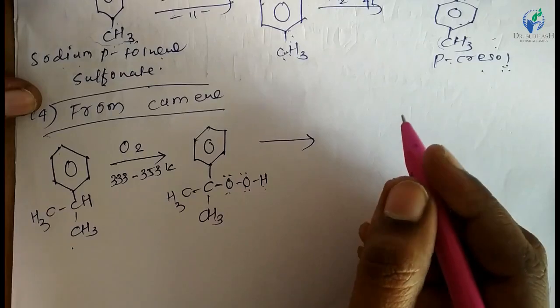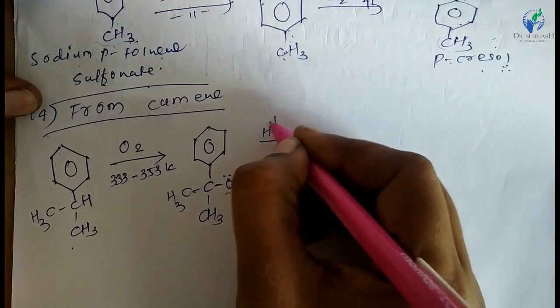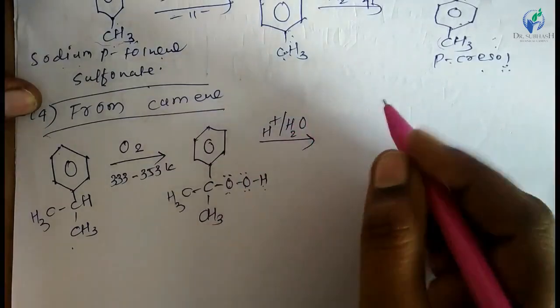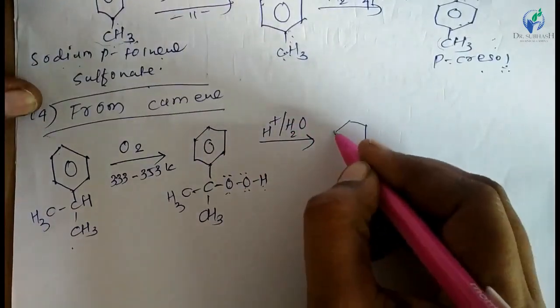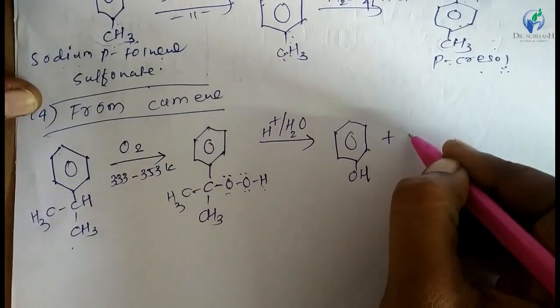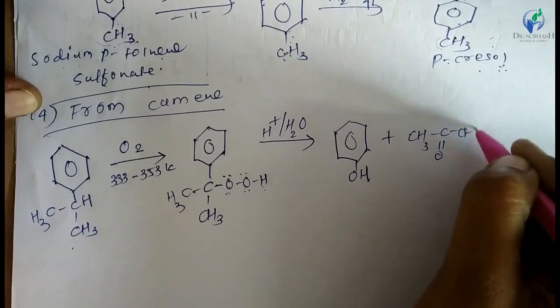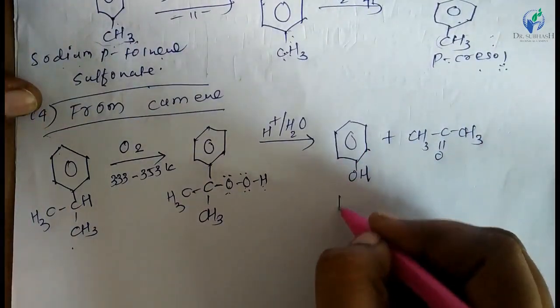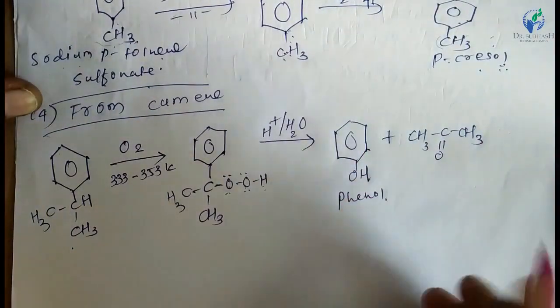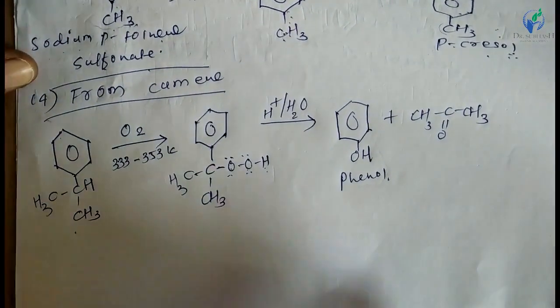Now this cumene hydroperoxide on hydrolysis with acid is converted into phenol and acetone. For this reaction there are two steps.